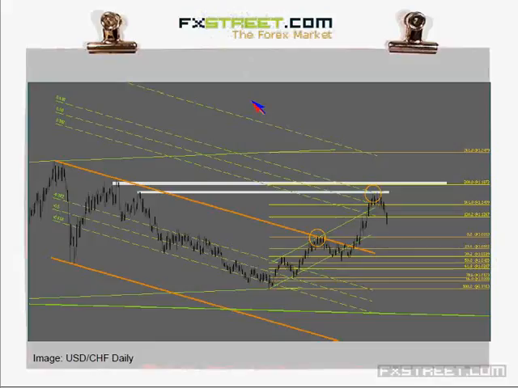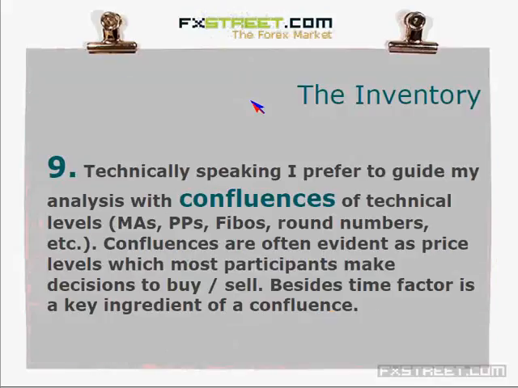There is a confluence of the upper border of the downtrending channel, the upper border of the smaller uptrending channel, and also a Fibonacci extension of a previous move. So you have three technical levels confluent at one point.